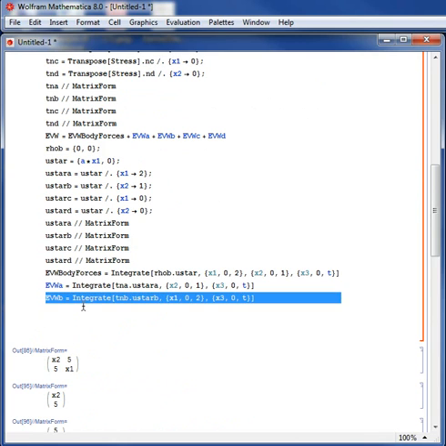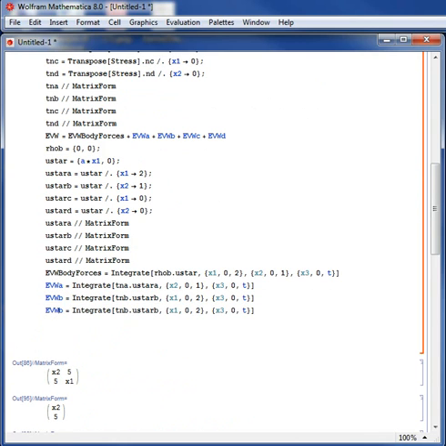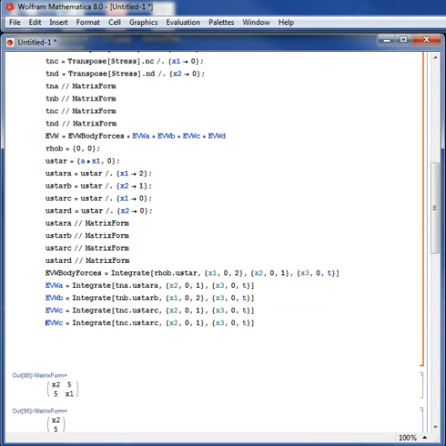For C, I have the traction vector on C and the displacement star on C. x2 changes from 0 to 1, and x3 changes from 0 to t. And for D, the external virtual work on D is equal to T_D dot u star D, and x1 changes from 0 to 2, and x3 changes from 0 to t.